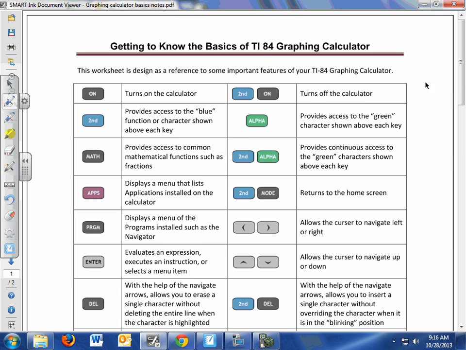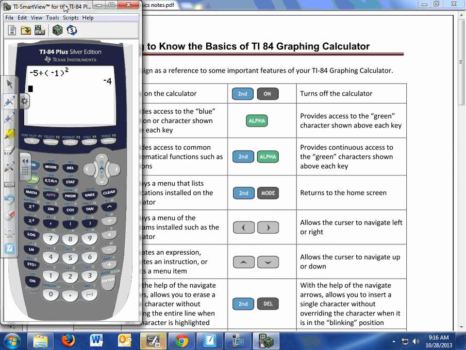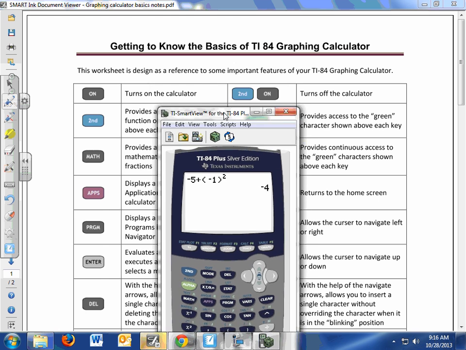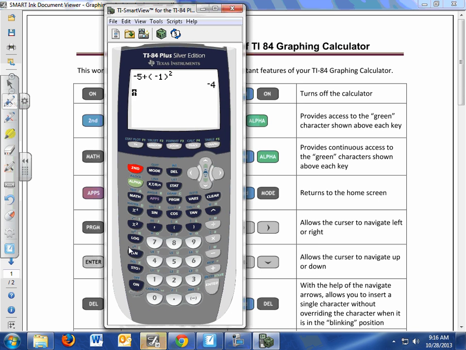Okay, so you probably know all of this stuff already. I'll close this so we can see more. We know how to turn on the calculator. We should know how to turn off the calculator. You press second, then the on button. That's off. We should know that the second button allows you to access the stuff in blue.